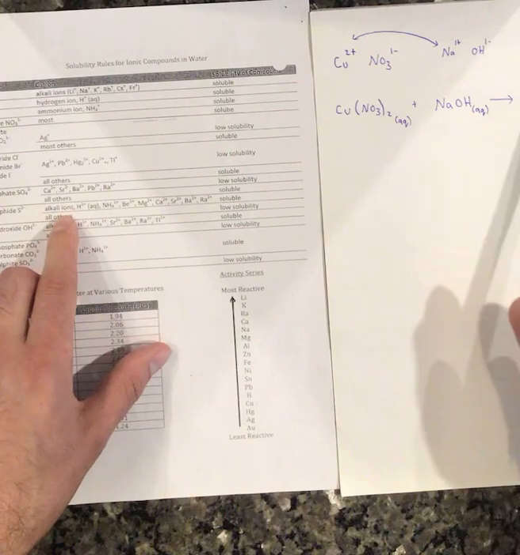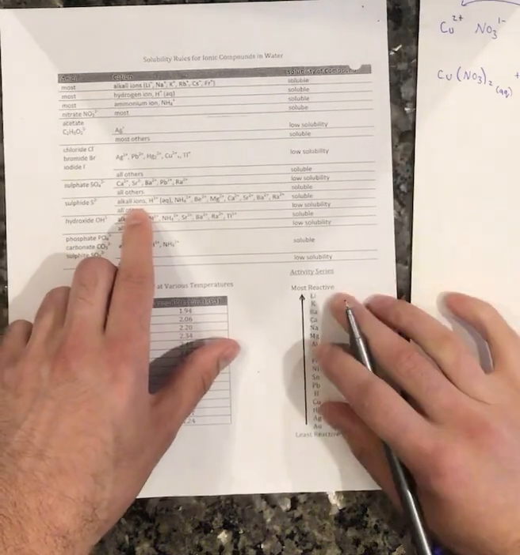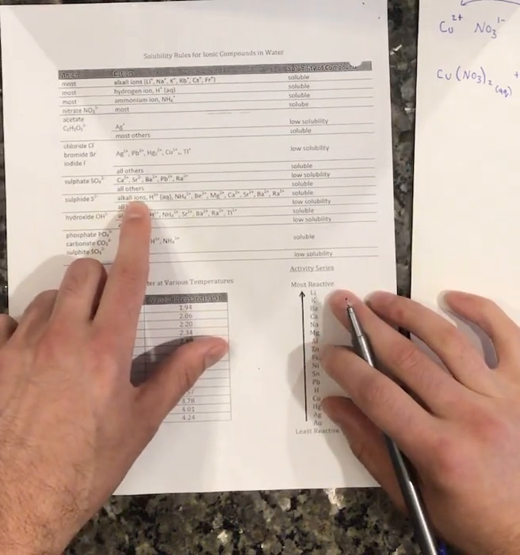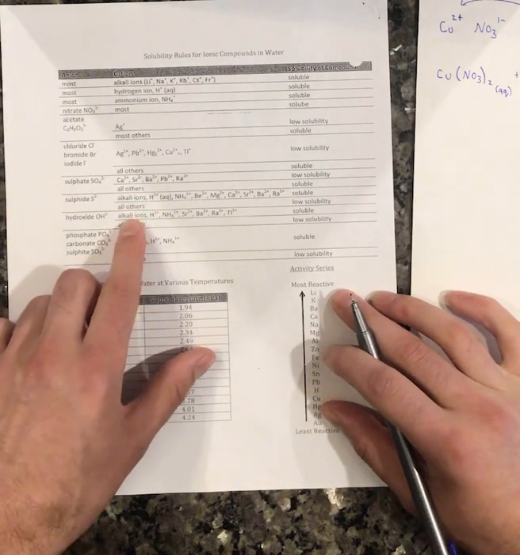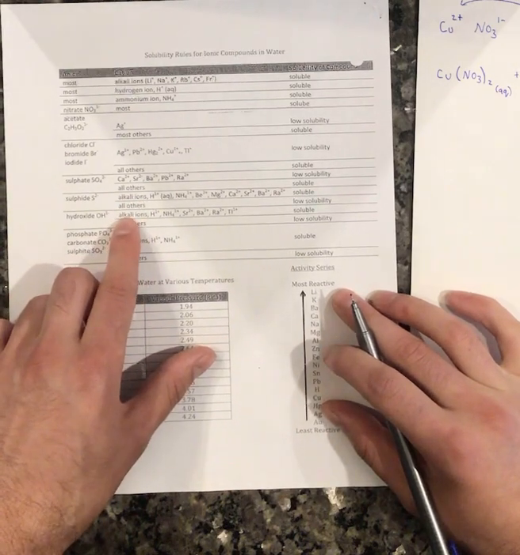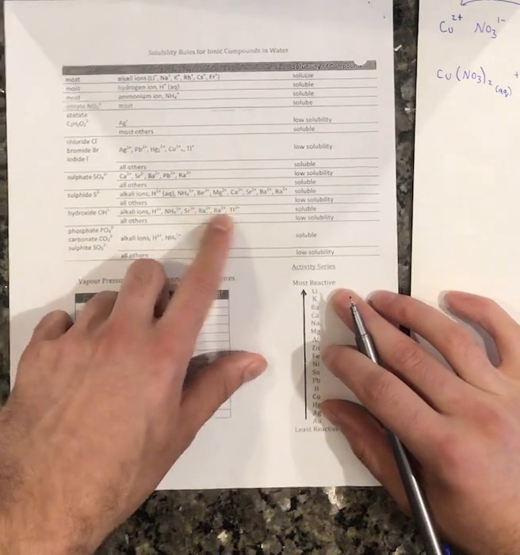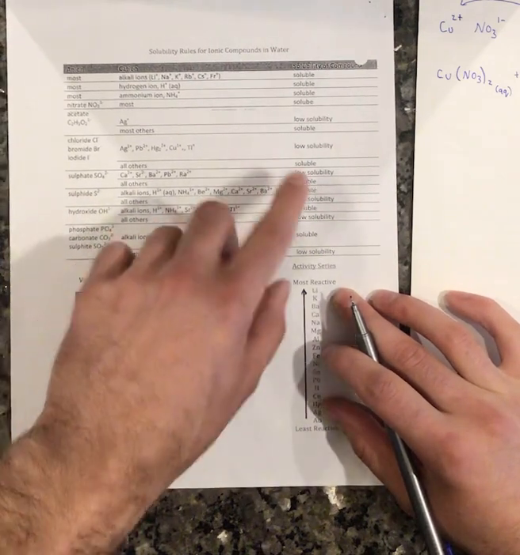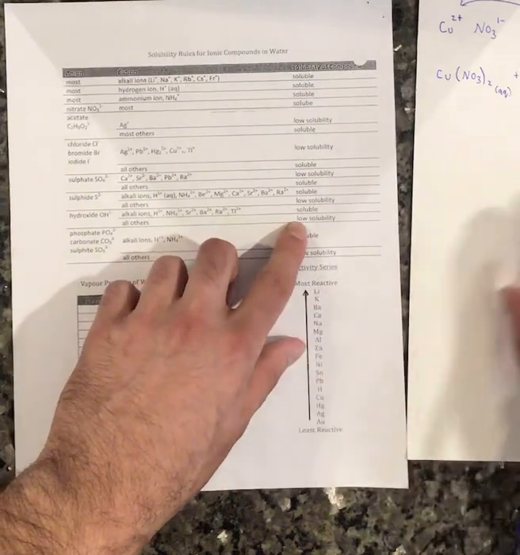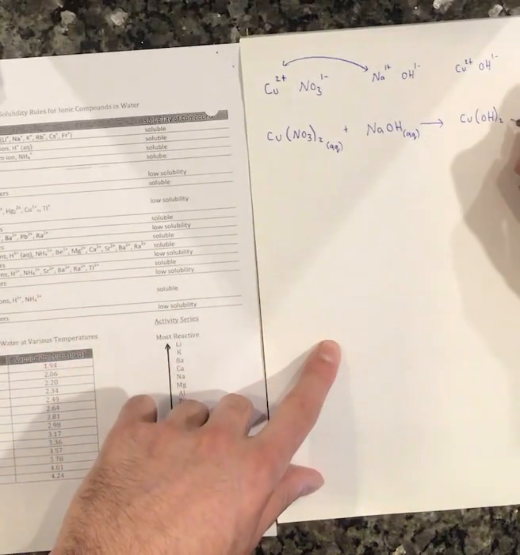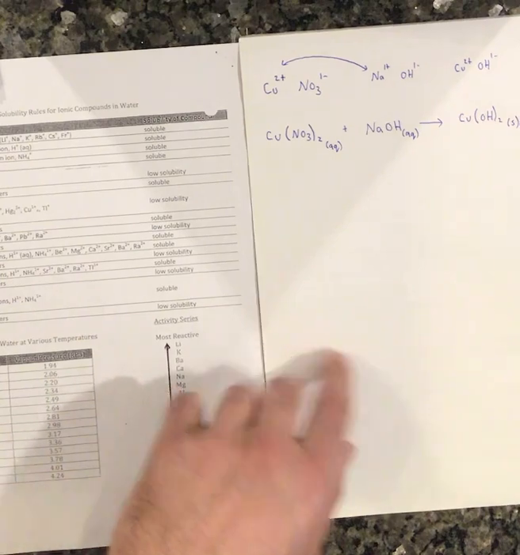Now I need to look for copper hydroxide. Oh sorry, I'm in the wrong one, hydroxide is right underneath. I have alkali metals, and none of these correspond to copper, so copper has to be all others. So it's going to be low solubility, which means that copper hydroxide here is my solid.